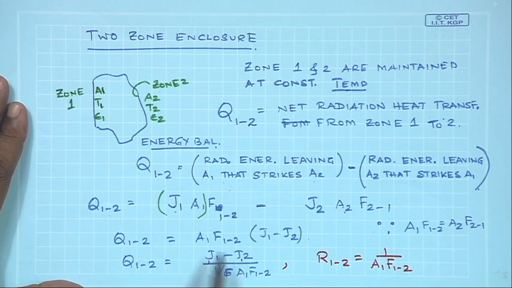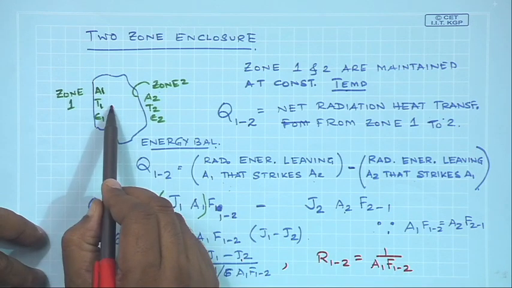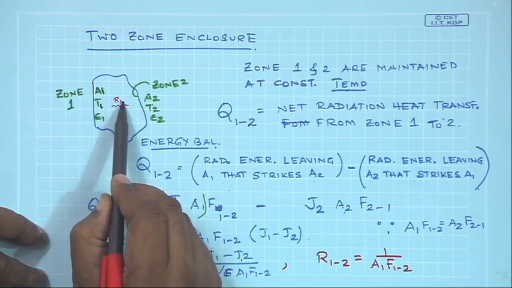These two are the potentials, and from the fundamental equation we can see that these two potentials are to be divided by 1 by A1 F12 to obtain the net heat flow from 1 to 2. So, if this is the current and this is the potential difference, then this denominator must be some sort of a resistance, which is defined as 1 by A1 F12, and this is the resistance between 1 and 2, R1 to 2.